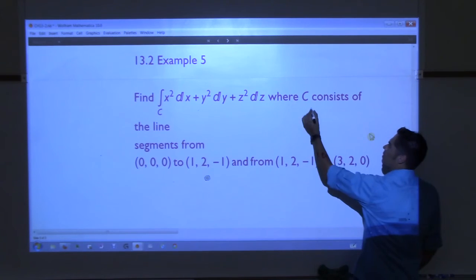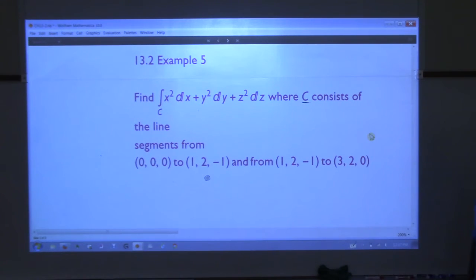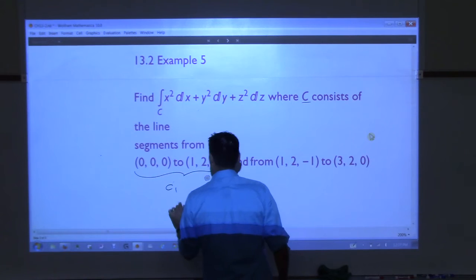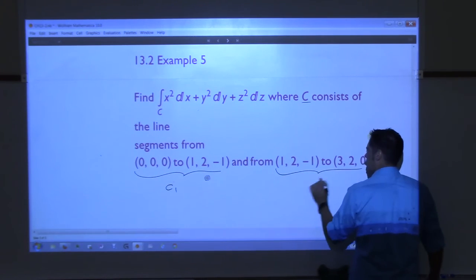We're not going to be able to draw it because it's in three-dimensional space. It might be a little hard. But C is actually comprised of 2 line segments, aren't they? So let's try and come up with this line segment right here first. We'll call that C1, and we'll call this from here to here C2.